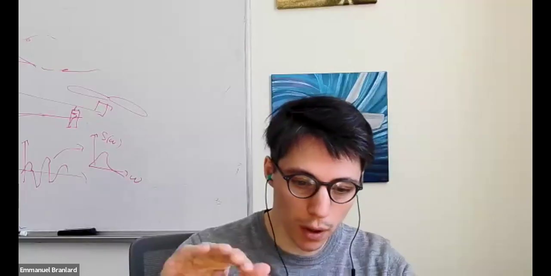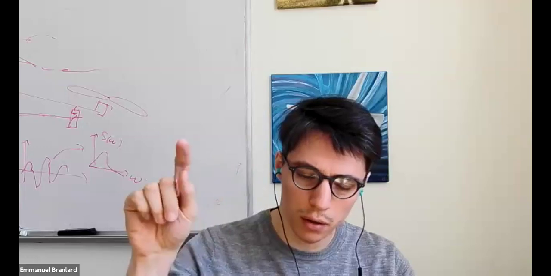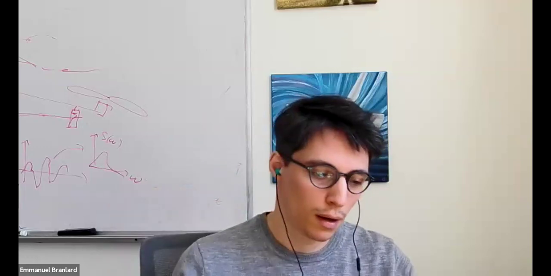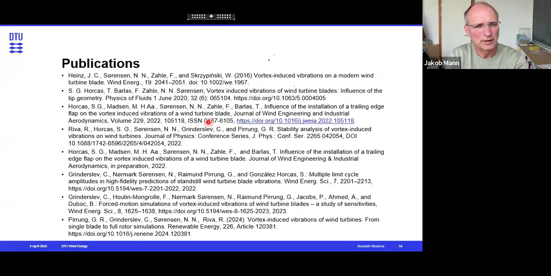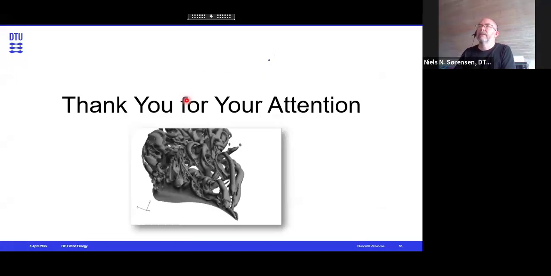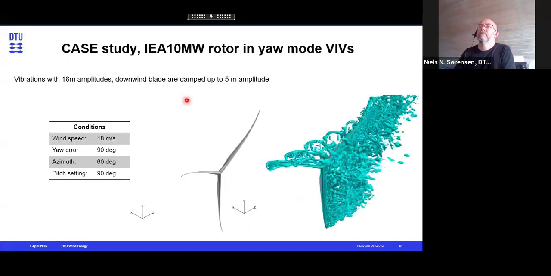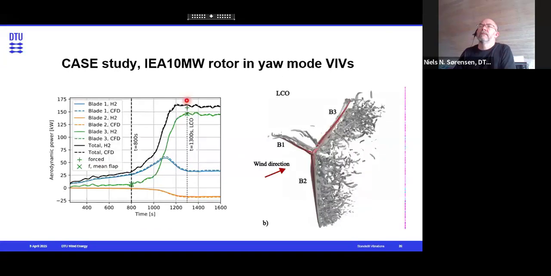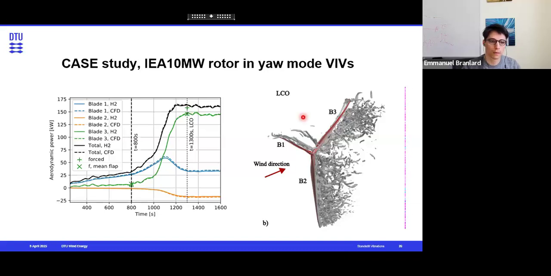If I can have a small follow-up on the same plot that I'm talking about, you had 2 lines. You had the Hawk 2 that was dashed, and you had CFD that was plain. I'm not sure I captured what was the difference between the two. Let me see if I can share it again. Yes, this one.